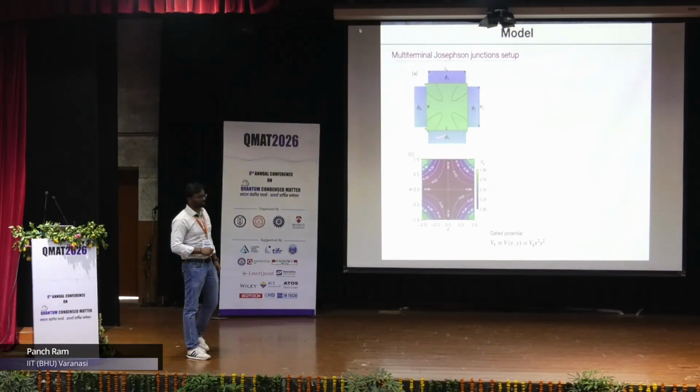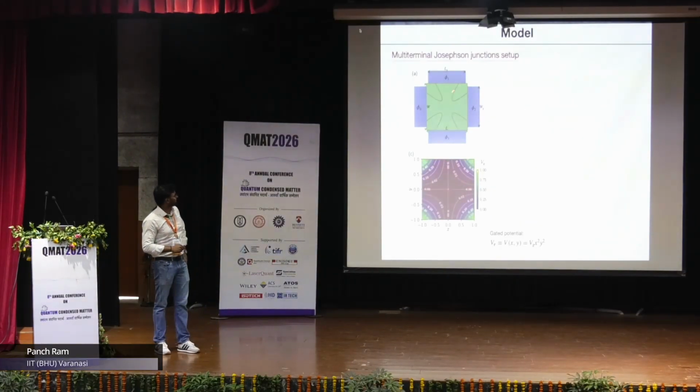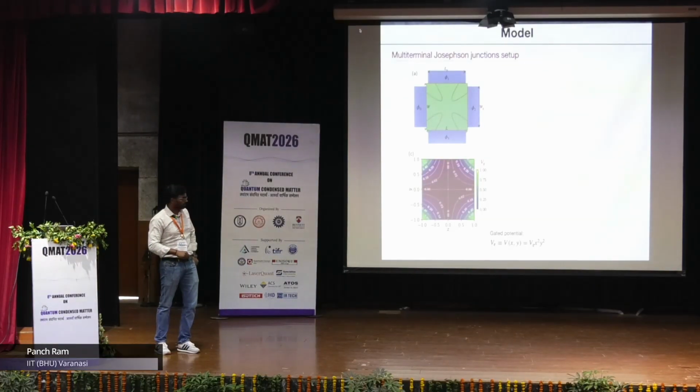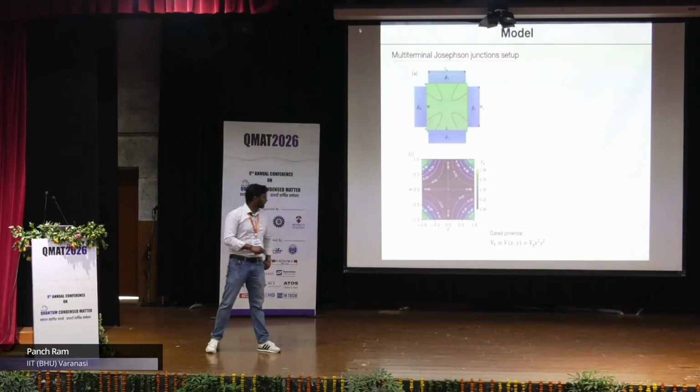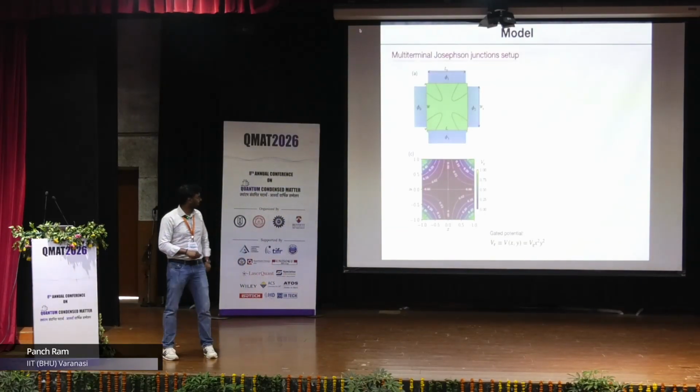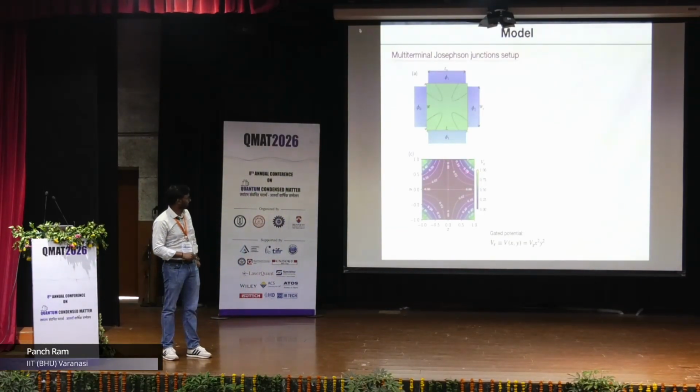Okay, so this is the system we consider. And again, as I said, we have the 4 superconductors, and these are gated, and the gate potential you can understand by this formula, where Vg is the strength of the gating potential, and this is the x direction and this is the y direction, and the gates are along this diagonal.